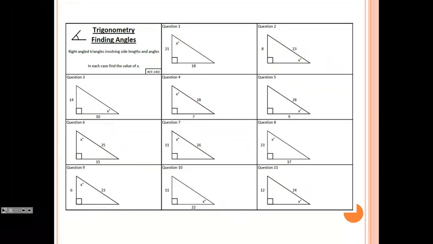Okay, here we've got this worksheet. Now instead of theta, we have an x. So we're going to set it up. We've got opposite and adjacent, so that's tangent. Tangent x equals, no, excuse me, tangent is opposite over adjacent, 18 divided by 21.